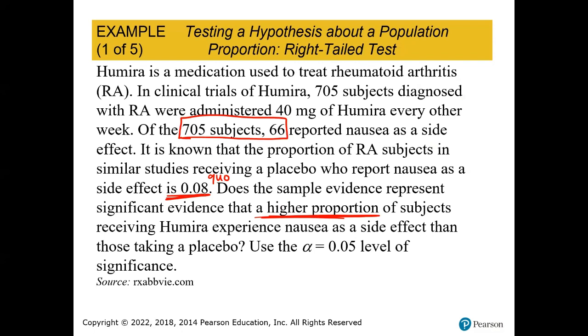First thing we're going to do is create our hypotheses. And this is our status quo, okay? That is our proportion, 0.08. And we want to then test, is ours higher?